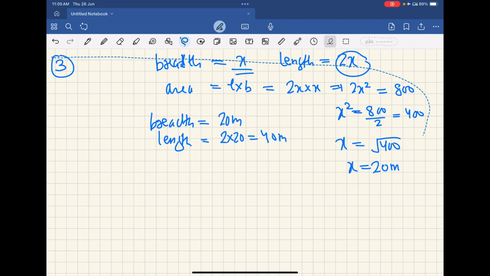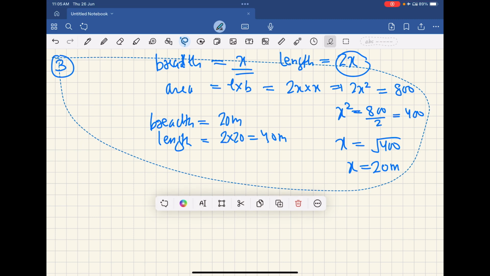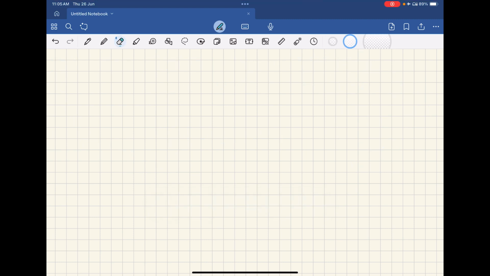Now let us go to question number 4. So question number 4 is again, यहाँ हमसे पूछ रहे हैं, is the following situation possible? If so, determine their present ages. Now the question says the sum of ages of two friends is 20 years. 4 years ago, the product of their ages was 48.